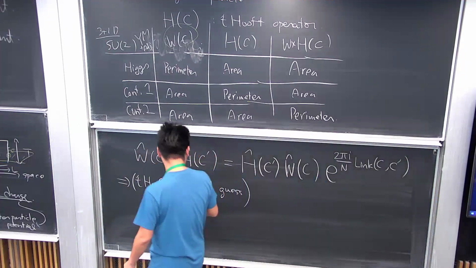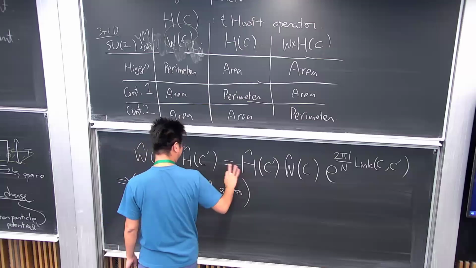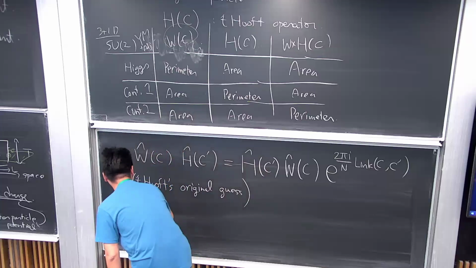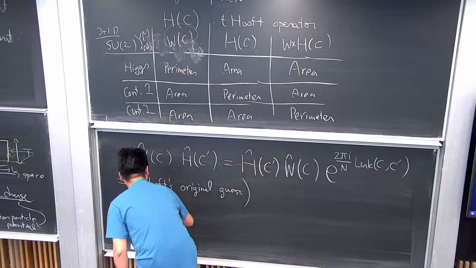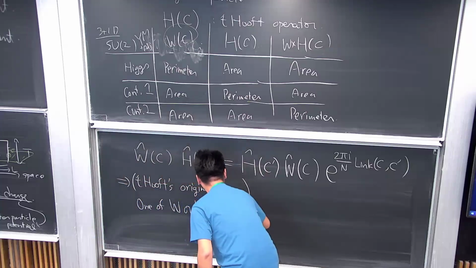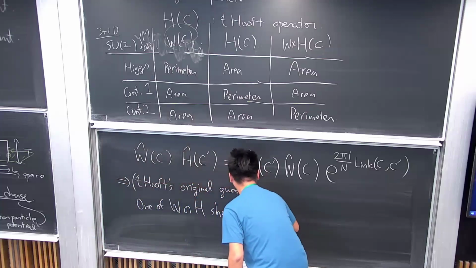So from this mysterious commutation relation, he guessed that at least one of W or H should form a confining string.